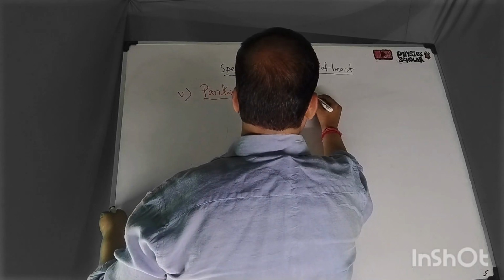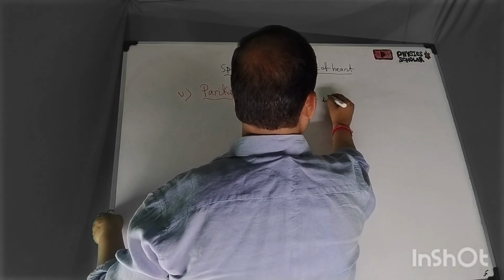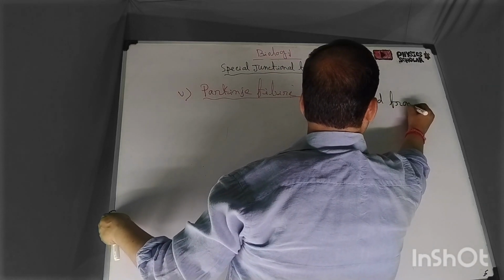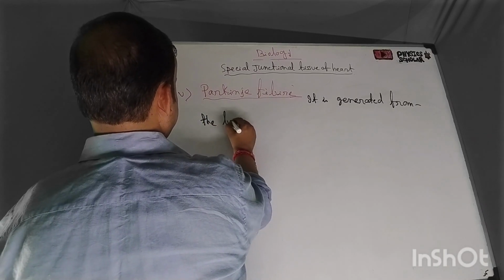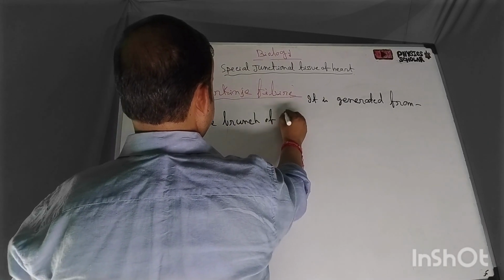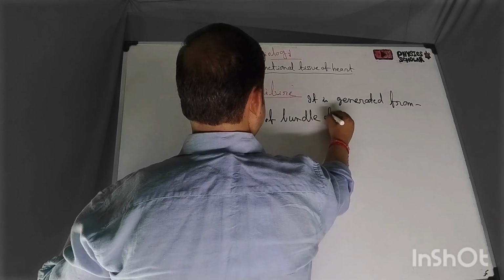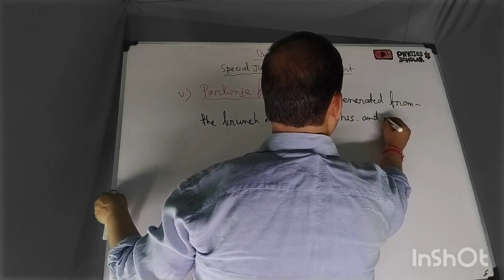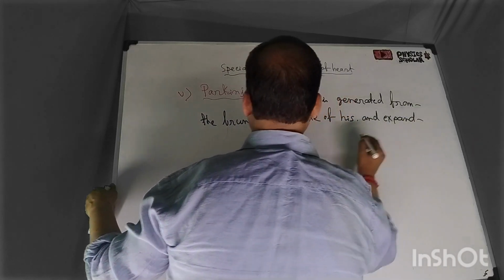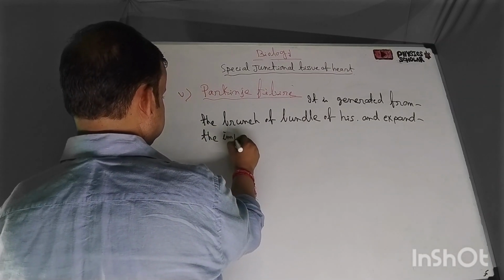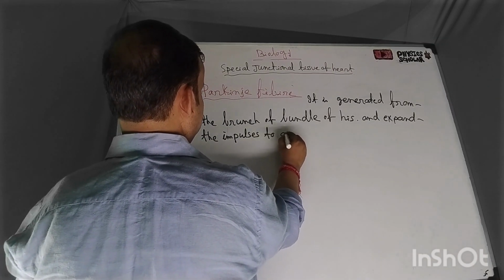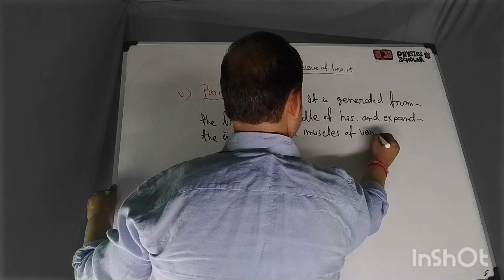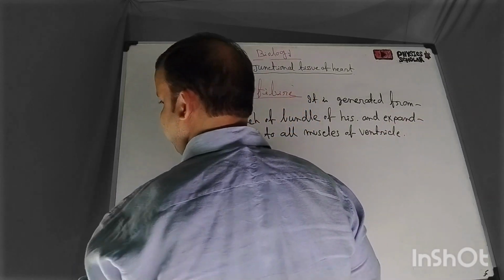It is generated from the branch of the bundle of His, and expands the impulses to all muscles of the ventricle, clear?